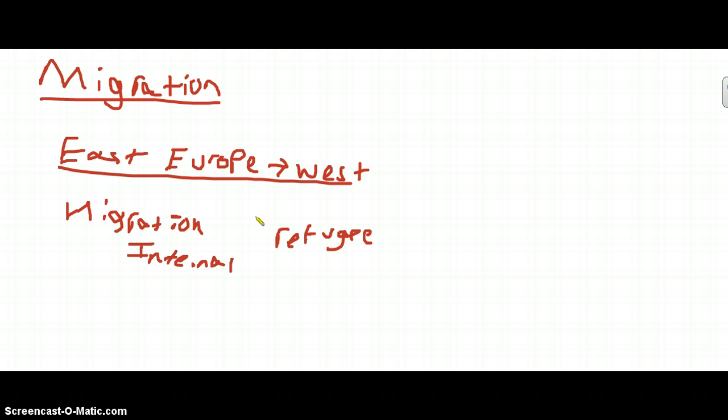Then we have our pull factors. Our pull factors would mainly be economic opportunity. I know my penmanship is not the best, but economic opportunity. They have more jobs. There's more things they can do.